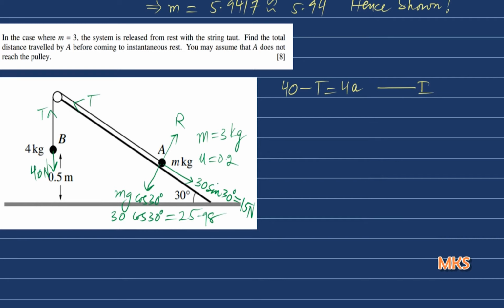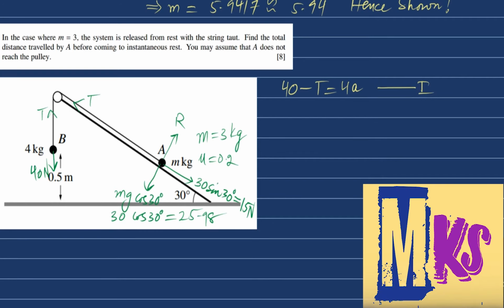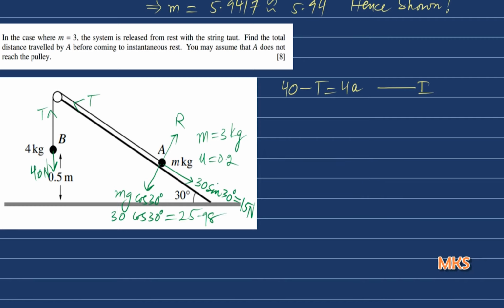Now looking at A, since A is moving upward towards the pulley, it will be T minus 30 sin 30, which is 15, minus mu R, 0.2 times R, हमने calculate किया था 25.98, and that is equal to 3a.